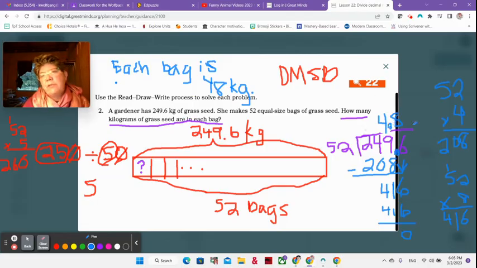Okay, so does 4 and 8/10 make more sense if we have 249? Yeah, because 50 times 4, right? So 50 times 4, or close to 5, would be about 249 and 6/10. So let's put our decimal in there. Decimals are very important, aren't they? Each bag is 4 and 8/10 kilograms.